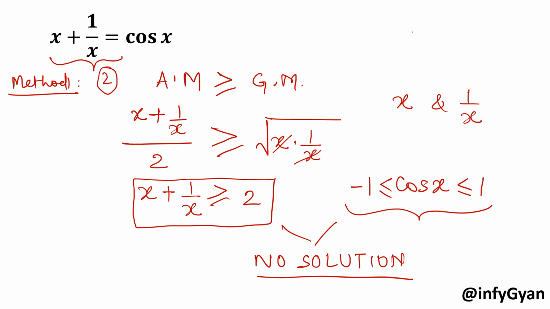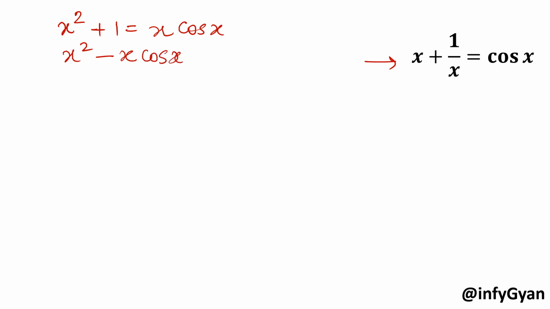Now let's take the second method. In the second method, we will multiply this equation by x. So x square plus 1 is equal to x cos x. x square minus x cos x plus 1 is equal to 0. This is a quadratic equation, where a is 1, b is minus cos x, c is 1.